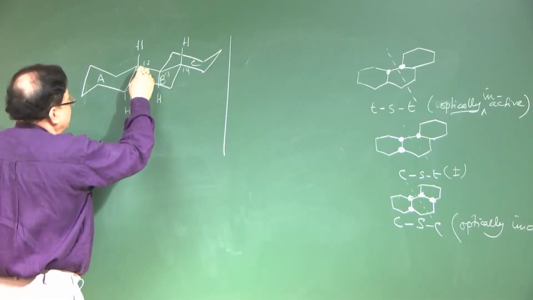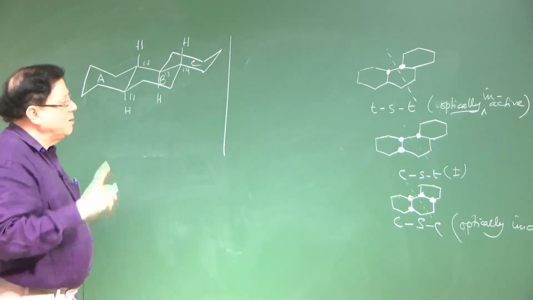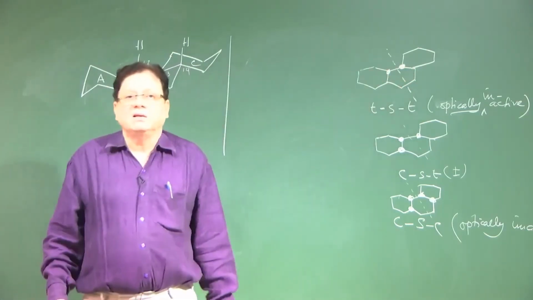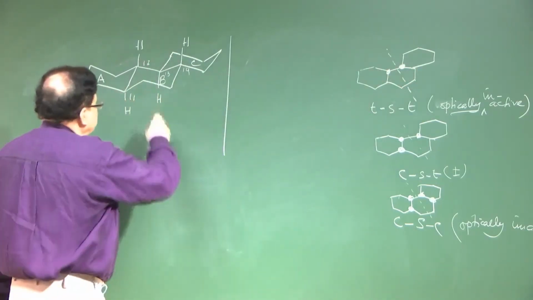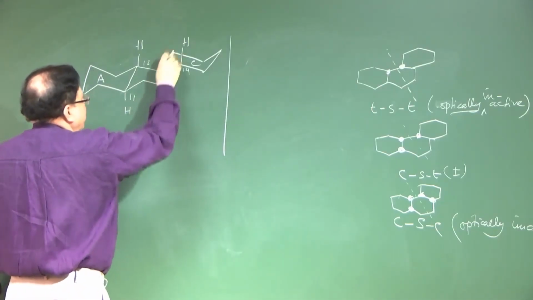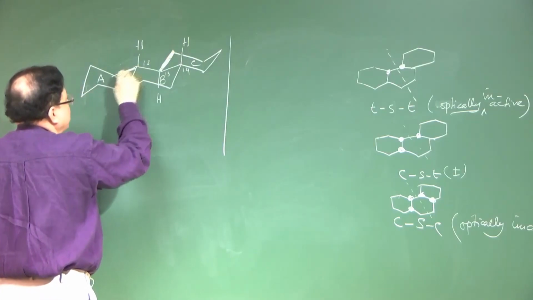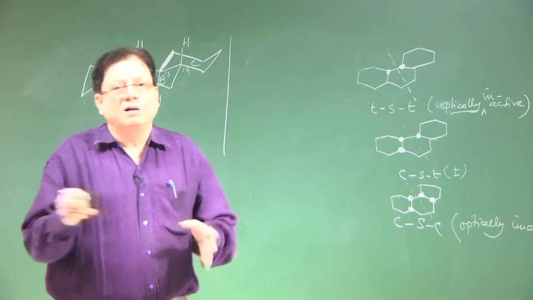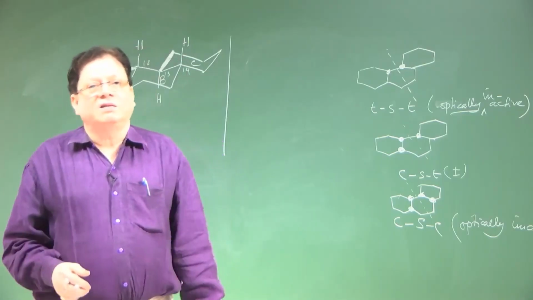However, there is one extra butane unit that comes because of the disposition of these A and C rings. The disposition of A and C rings is such that this bond and this bond form a butane unit which is not incorporated in a trans decalin, which is not due to a trans decalin system.